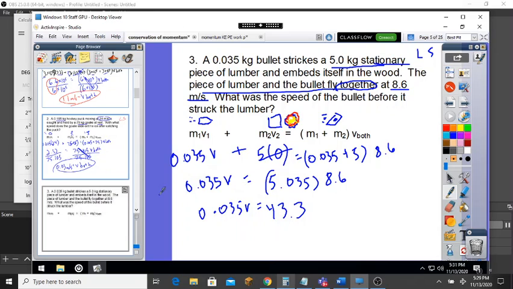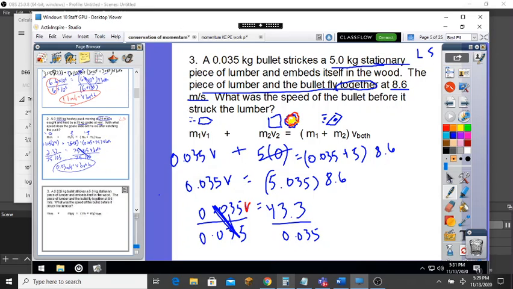So remember, we are solving for V, this, right there. So now what do we do? To isolate V, you have to do this, right?